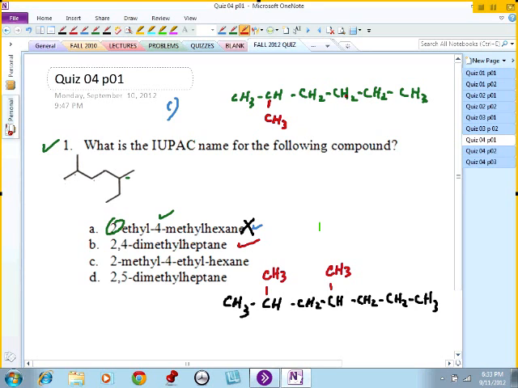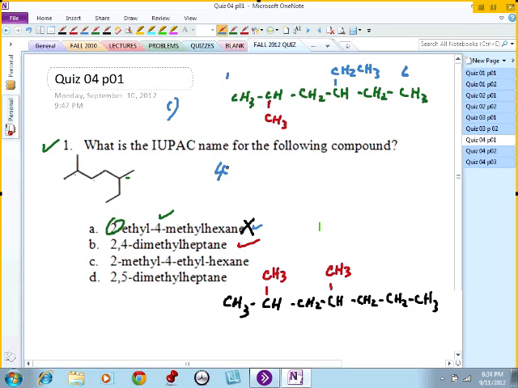In the 4th position, you have an ethyl. So far, so good. Okay? So what would be the name? Is this name correct? What would be the correct name? This is position number 1. And this is position number 6. What would be the correct name?